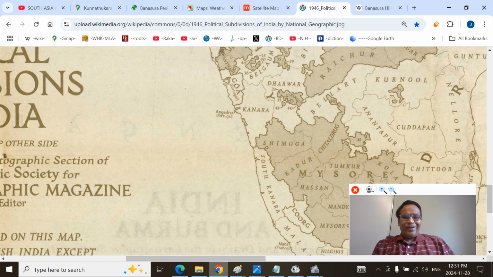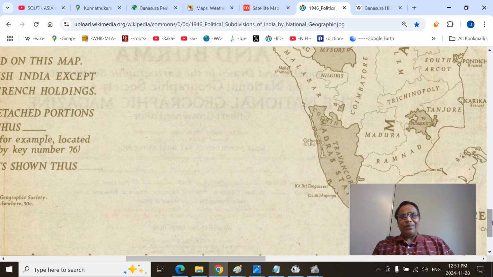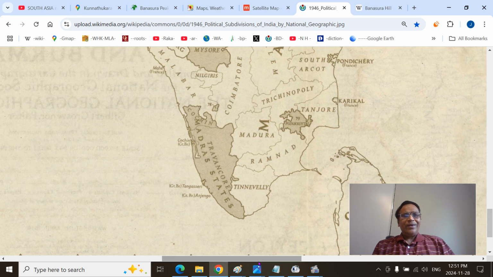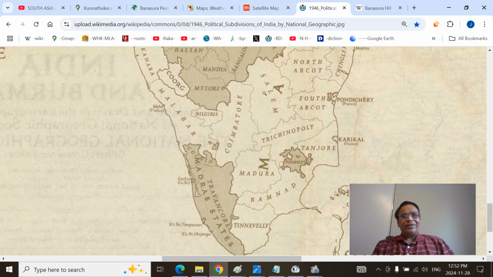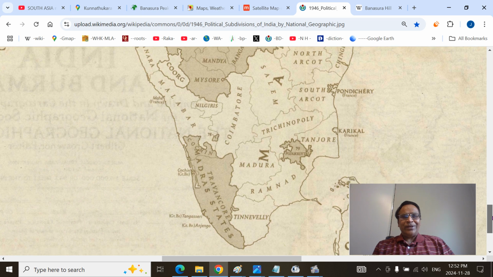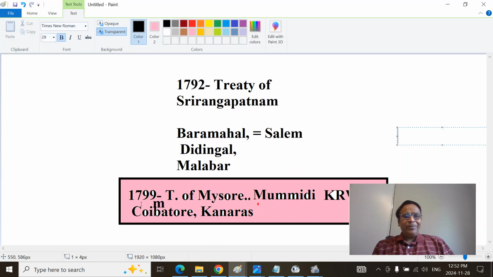And here you can see the historic Malabar district we're talking about. Historic Malabar district, Kochi Princely State and Travancore Princely State, Historic Salem District, Baramahal District, Coimbatore District, and Treaty of Srirangapattinam, where Tipu, the usurper of Wadayar, is thrown.